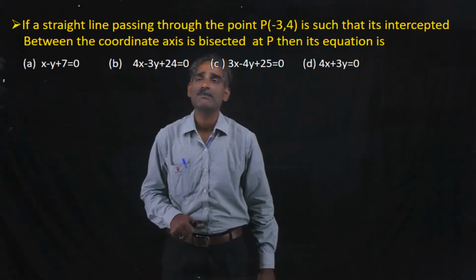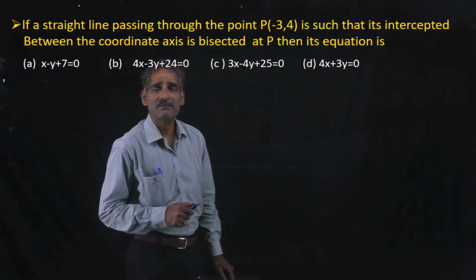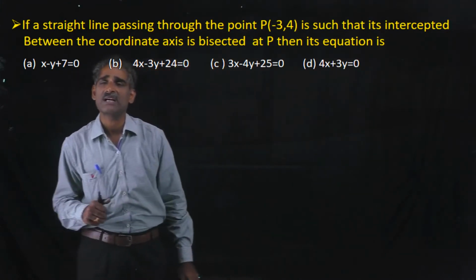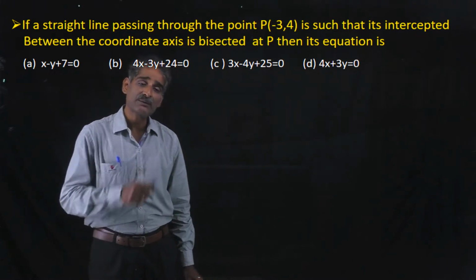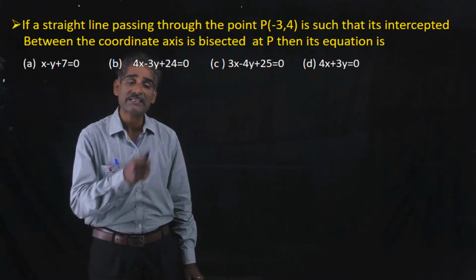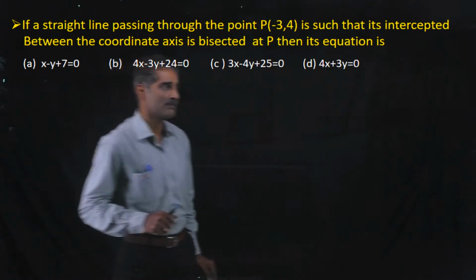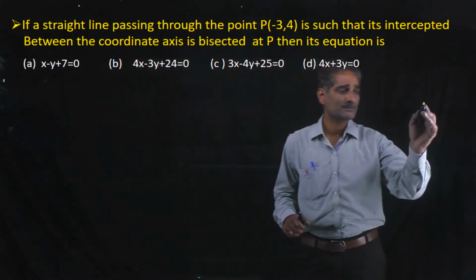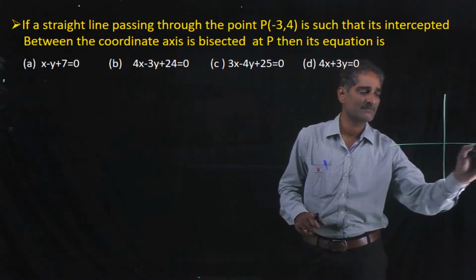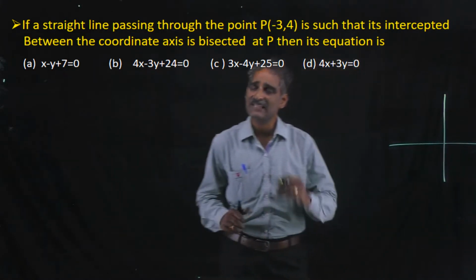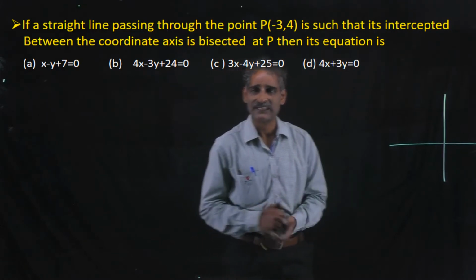See this problem? A straight line passes through the point minus 3 comma 4 such that its intercept between the coordinate axes is bisected at point P. Suppose these are the coordinate axes. Here P (minus 3, 4) lies in the second quadrant.